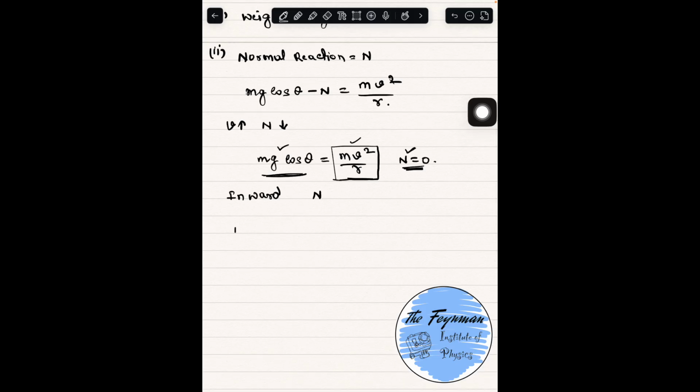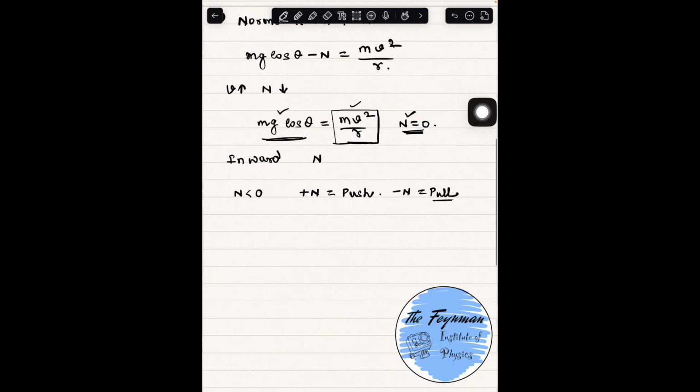Positive N can be treated as a push, therefore negative N can be treated as a pull, so any value of N below 0 would be a pull. There cannot be any situation where the hemisphere is pulling the object, therefore negative N is not possible. So mg cos theta equal to mv squared by r is the only situation.